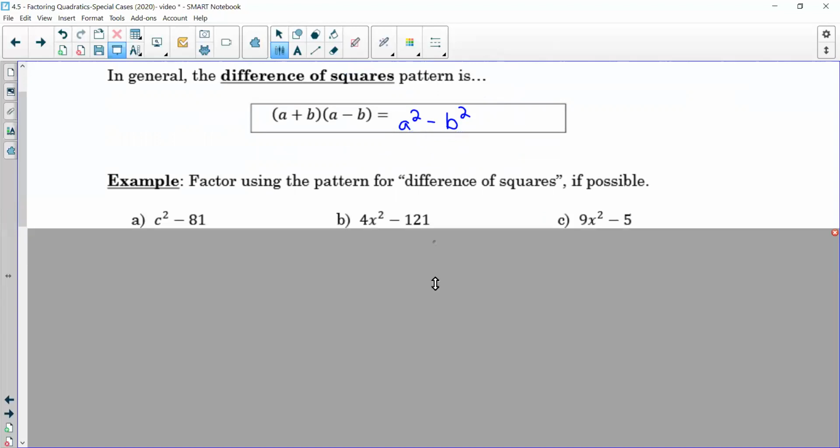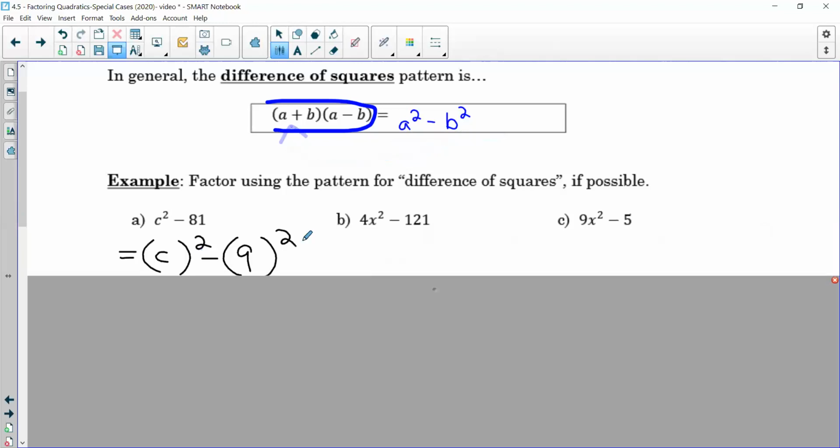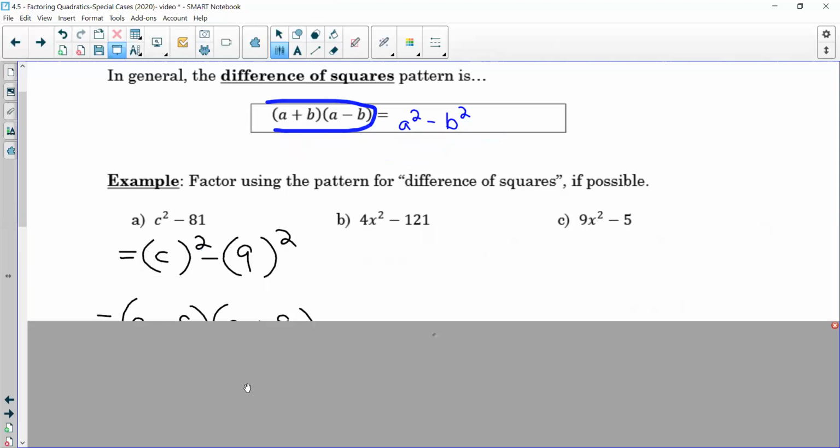So in part A, c squared is definitely a perfect square. That's c times c. 81 is 9 times 9 with a difference between. So this does fit this pattern. So I should be able to write it in this format. So let's take a look. So we have the c squared and the 9 squared. So let's take a look at how this works.